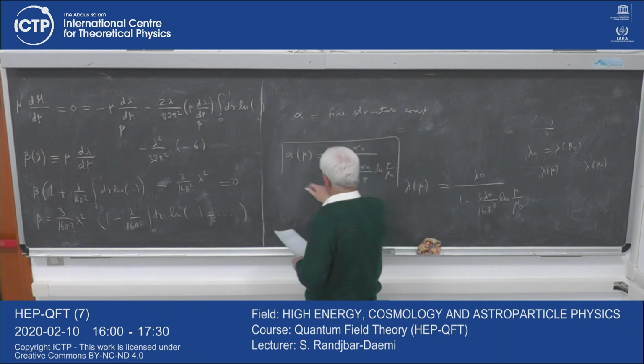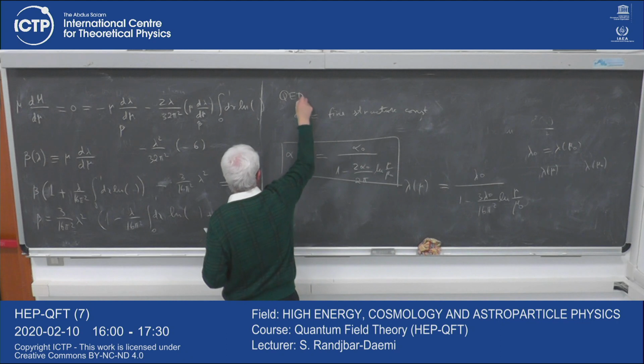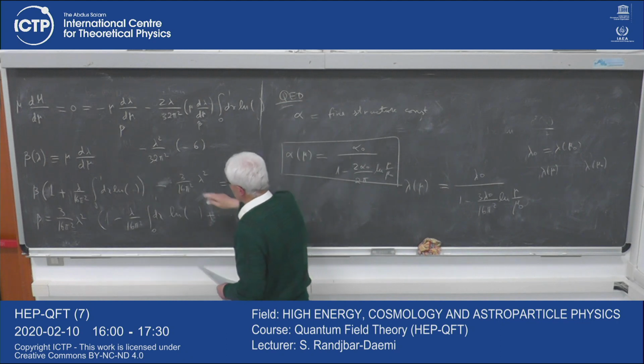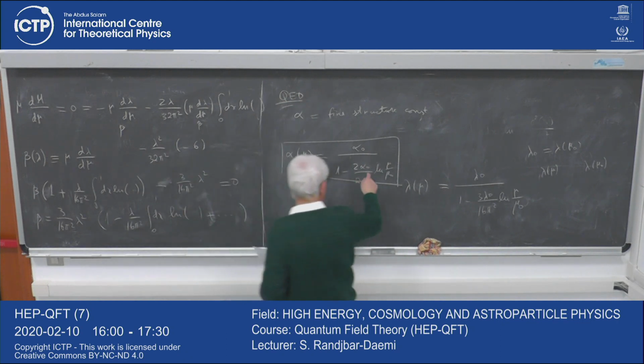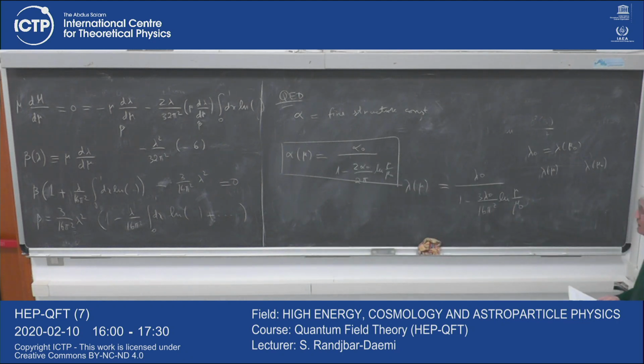You see that this is the QED coupling. It will be exactly the same kind of equation, except that this coefficient will be different, as you can see from here.